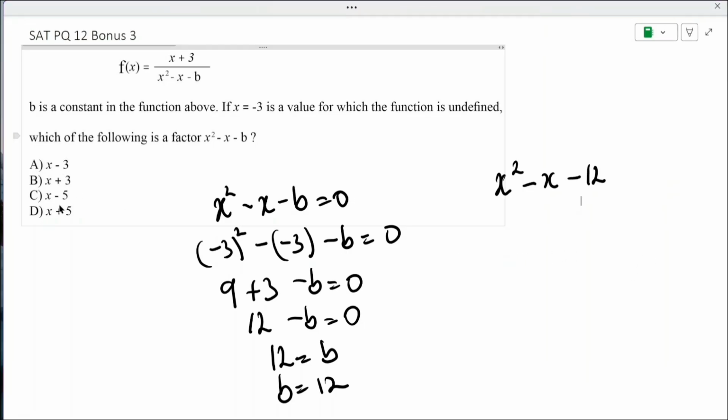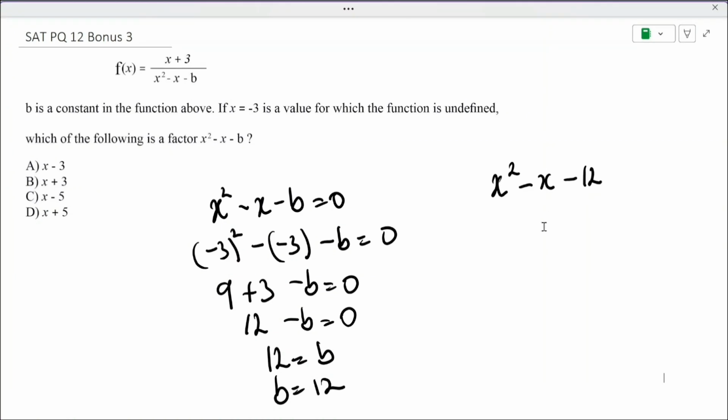Or you equate each of the options to 0, then find what each x represents, insert it into the equation and see which one results in 0. Or you can also simply factorize. Once you factorize, you get two factors, one of which will be an option.